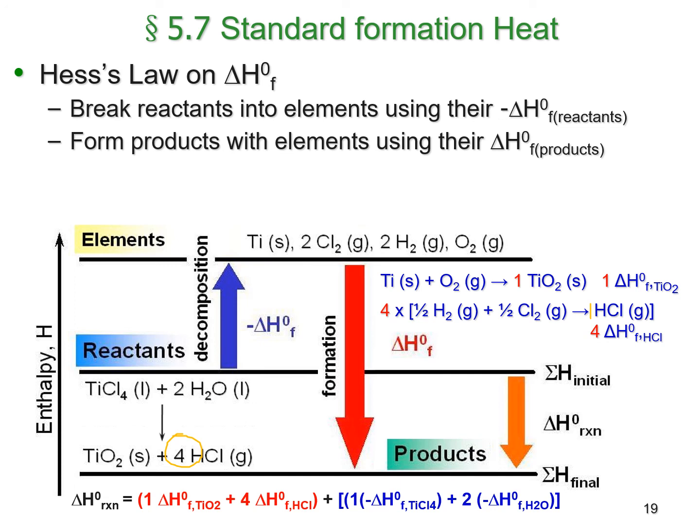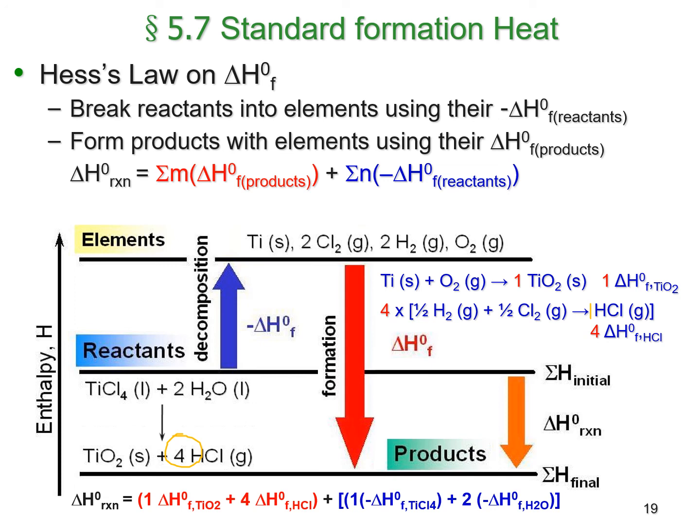If we want to make it general, this is the general form of Hess's law when we use delta H0F. So remember, sum of delta H of each individual step. So first step, we break up the reactants into the elements, then we form products with those elements.